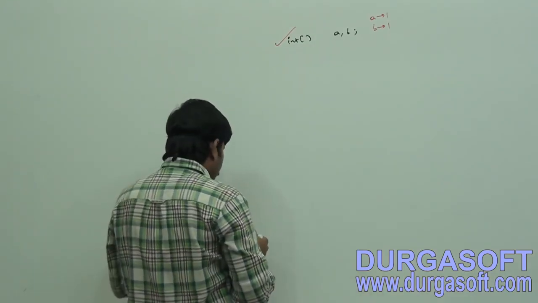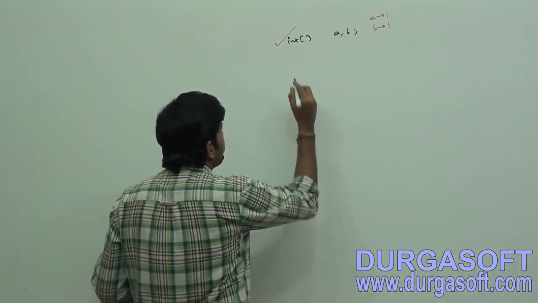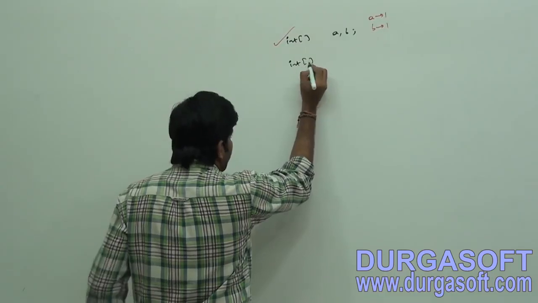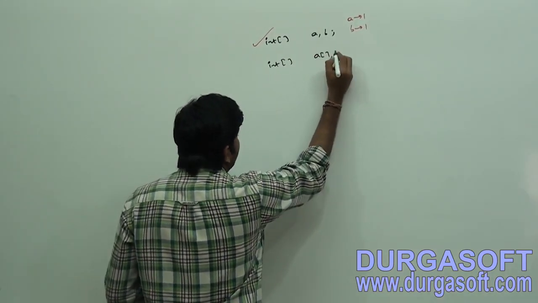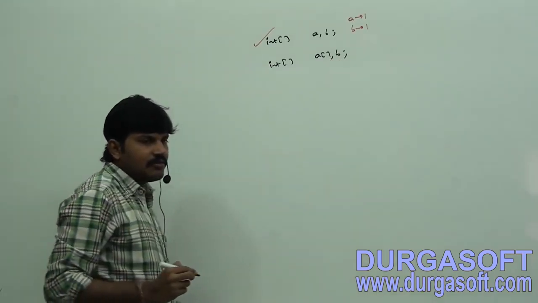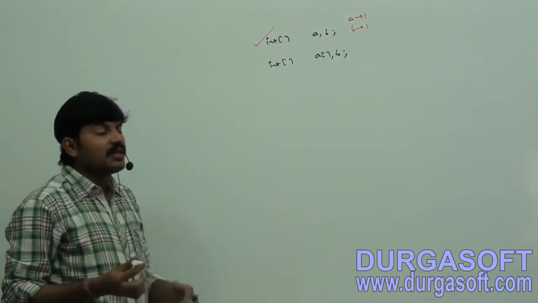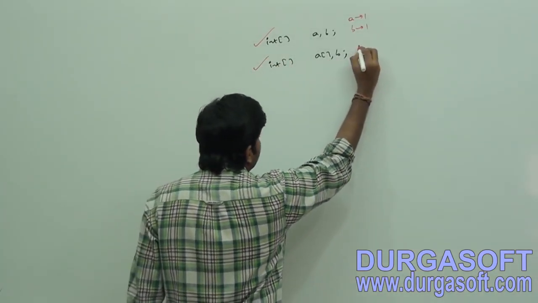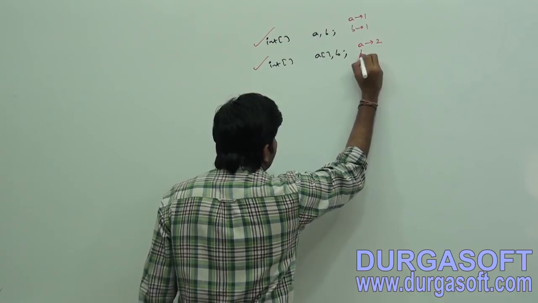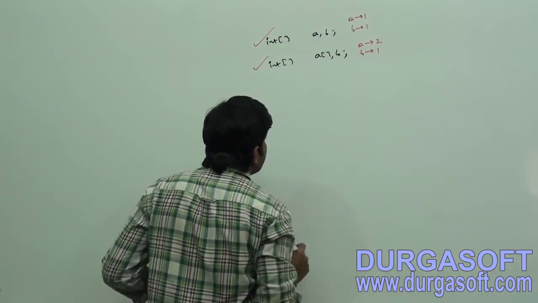Now, sir, I am taking int array, so here a comma b. It's also valid. What is a's dimension? A's dimension is 2. What is b's dimension? 1.